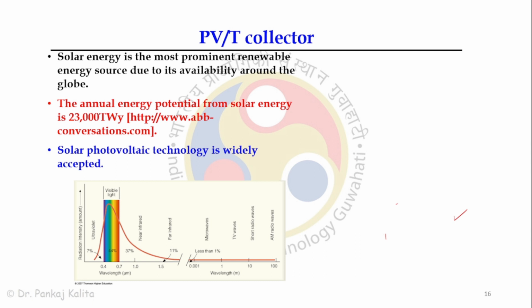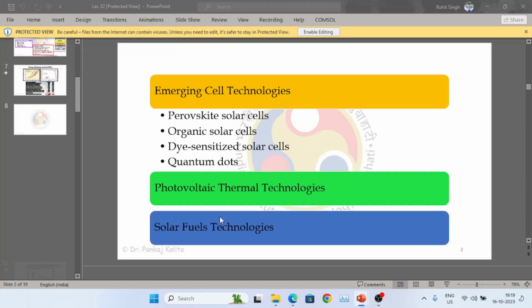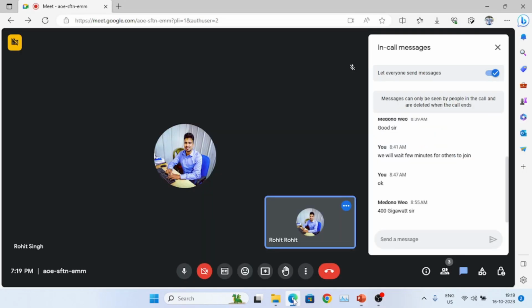Let me see if anyone has answered. Yeah, 400 gigawatt. That's correct. This is not the amount of electricity that is produced, but the capacity. Total capacity installed for electrical power generation is 400 gigawatt.